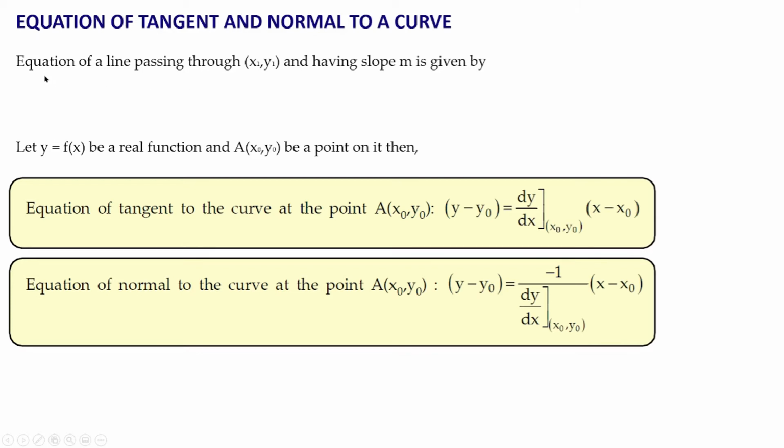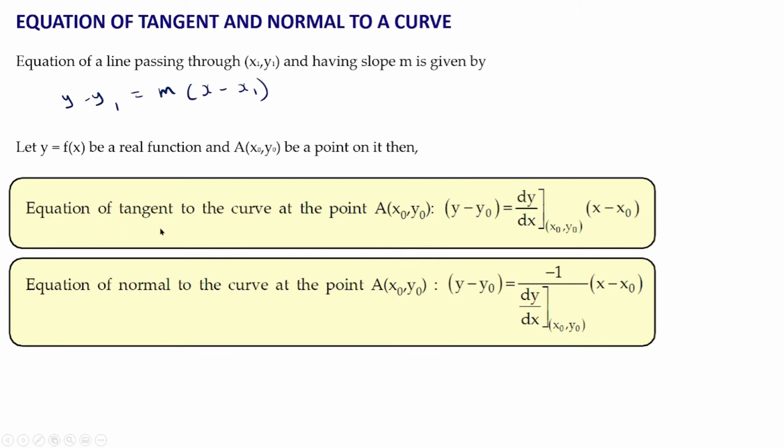The equation of a line passing through (x1, y1) and having a slope m, as we have studied in earlier classes, is given by y minus y1 equal to m into x minus x1. We just saw the slope of the tangent m is dy by dx at (x0, y0).